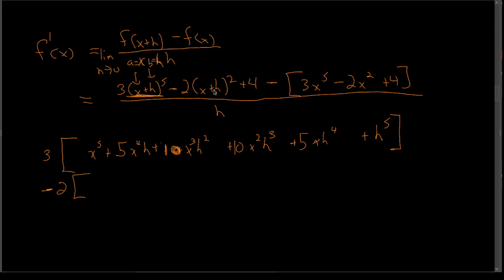But x plus h squared we know is x squared plus 2hx plus h squared. Right, we're used to squaring things, we get double the middle term. And plus 4. And now I'm going to come over here and put my minus sign through everything. Yes, Jarek? Should that x be squared?